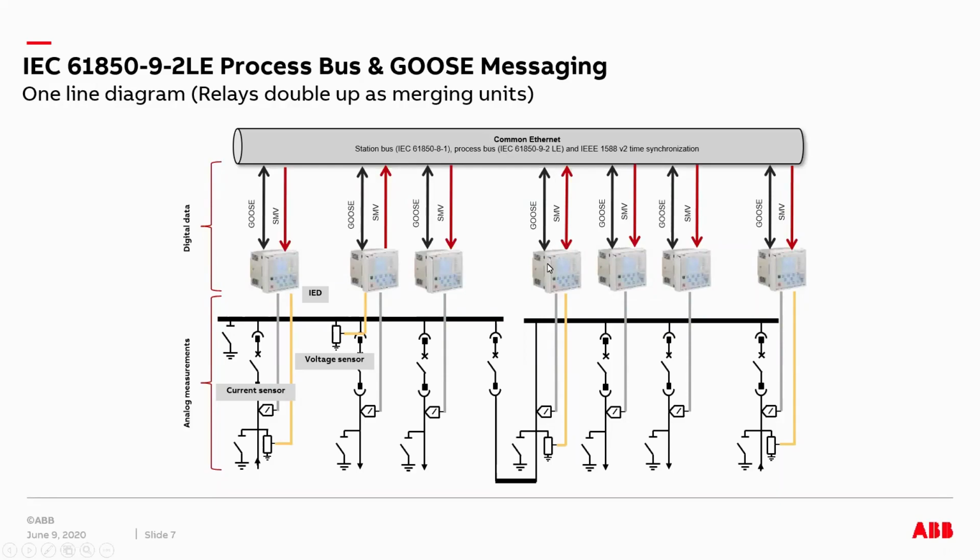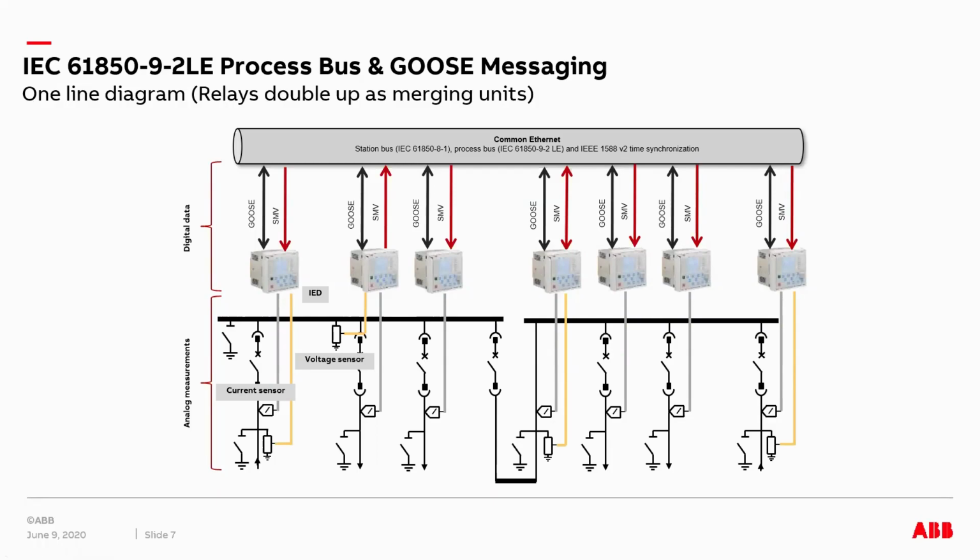That information is used for the check sync application, one from the directly wired voltage, the other from the sampled value. So this is how the sensors in conjunction with sampled value sharing make the panel design much more efficient.